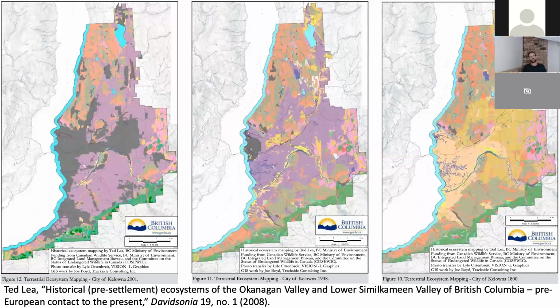This is Ted Lee's work trying to develop historical baselines for, this is the Kelowna region, right? What they did in this project is took a very robust collection of air photos that the province has from 1938 and compared them to modern imagery from 2001 and kind of coded for aspect, elevation, things like that, and then backcasted it to create a historical baseline of this region in 1800.